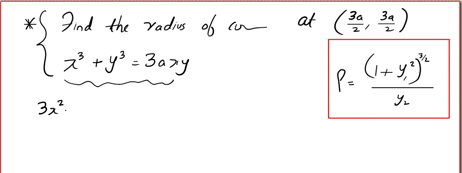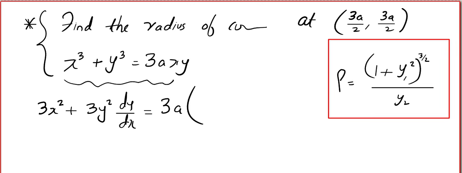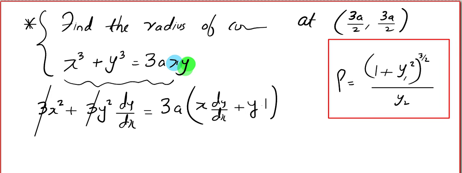So 3x square plus 3y square into dy by dx, because we are differentiating with respect to x, equals 3a. I will use some colors. Are you able to see x multiplied by y? So it goes like x into dy by dx plus y into 1. You can see that 3 is common throughout the expression, term by term.